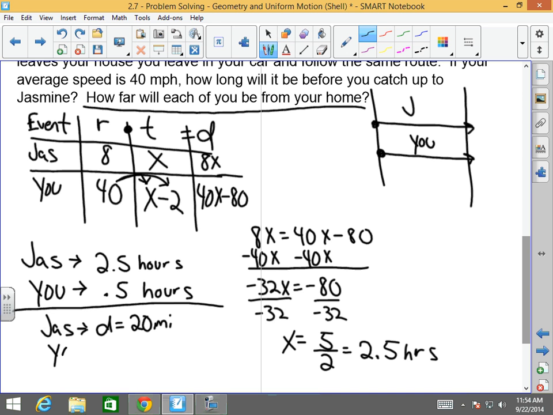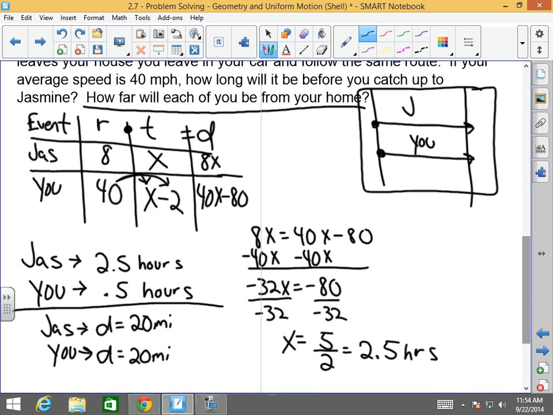And you are going to be 40x minus 80. So that's 100 minus 80, which is also 20 miles. Because in this figure, it shows that your distances will be equal. And that's all it takes for distance problems, my friends. Take your time and make your tables.